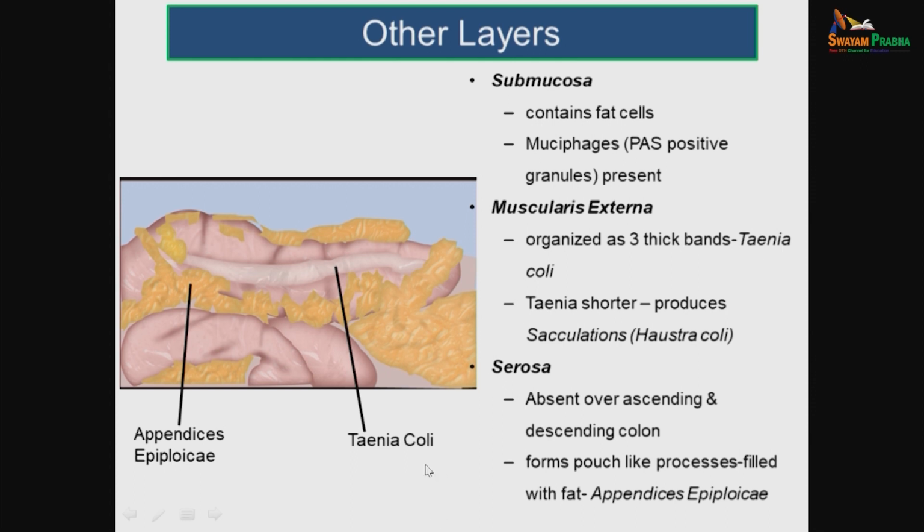Now with respect to this tenia coli, one other interesting thing is the bundles of tenia coli. We said there is an inner circular layer and then an outer longitudinal layer. So from this outer longitudinal tenia coli, some muscle fibers at regular intervals intersperse and get inside the inner circular layer.